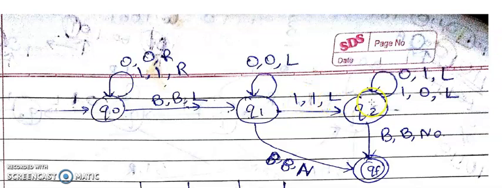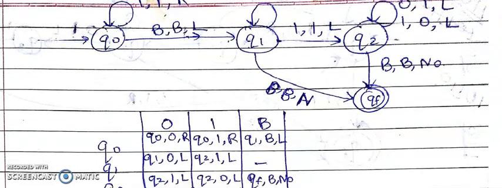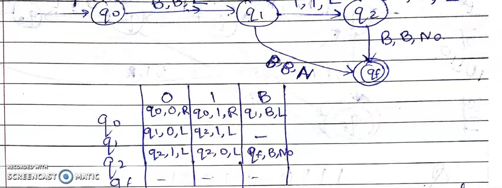And after that, 0 is converted to 1 and 1 is converted to 0 and just move left till you get a blank. I hope this example is clear. This is your 2's complement. The same thing is given in your state table. The transition diagram has been converted to a state table.